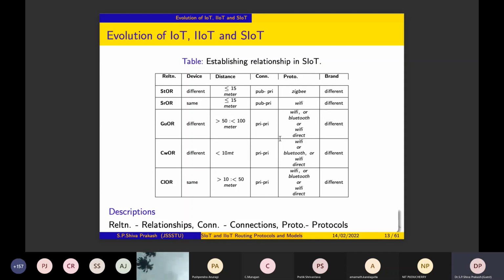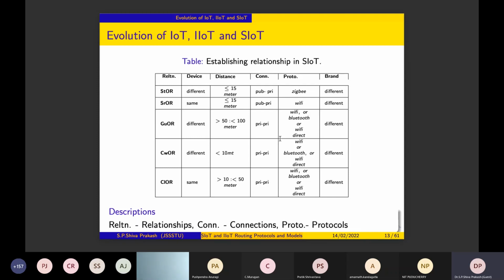The constraints that will be used here are, first, the device type: whether the two devices that are communicating are the same or different devices. Suppose mobile and mobile are communicating, or mobile and watch, or mobile and camera. The second parameter is the distance.